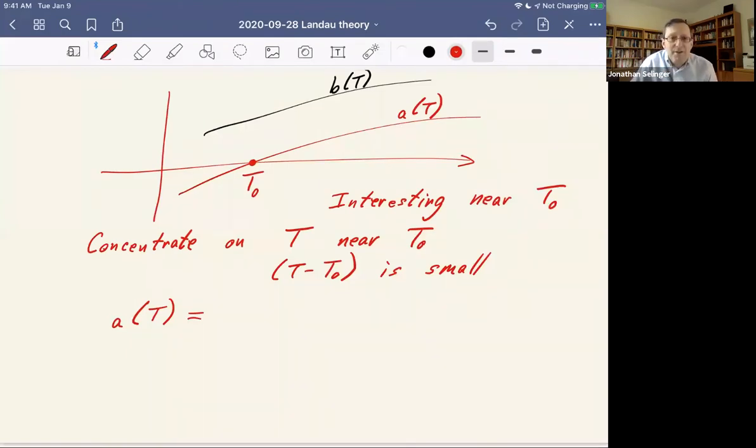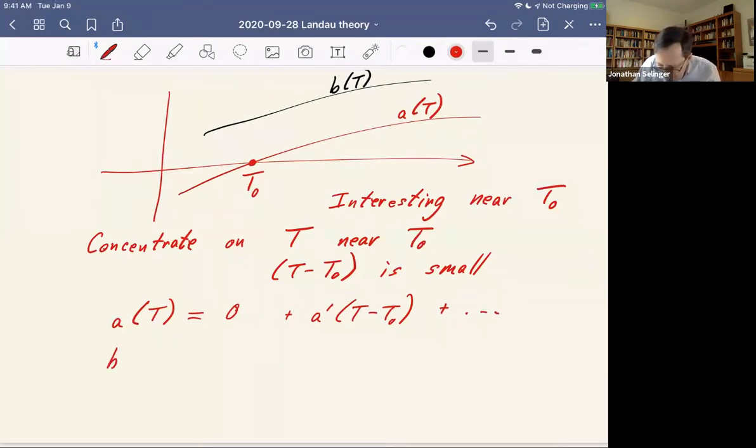That's 0. Okay? So it's 0 plus a coefficient, call it A prime, times T minus T0, plus higher order terms.